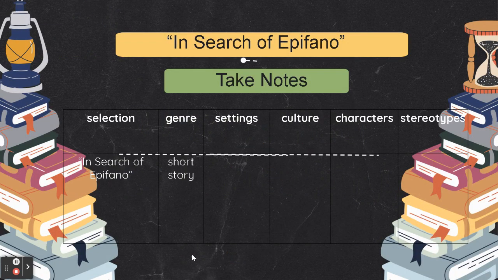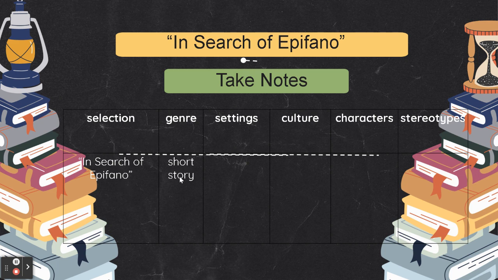So here is kind of what I would like for you to do in the notes that I just showed you. Here is the work that you just read, In Search of Epifano. I enjoyed that one. I don't know about you, but I really liked the kind of paranormal feel that it got.